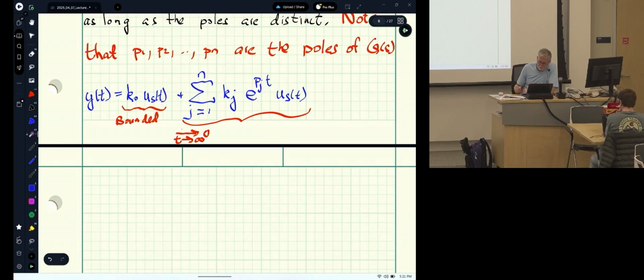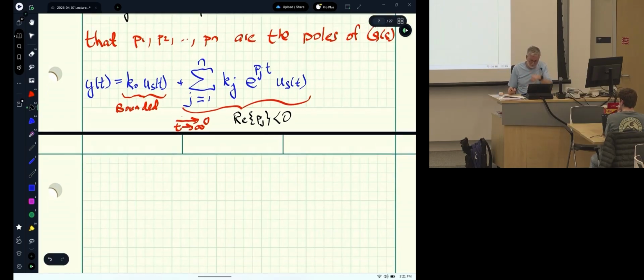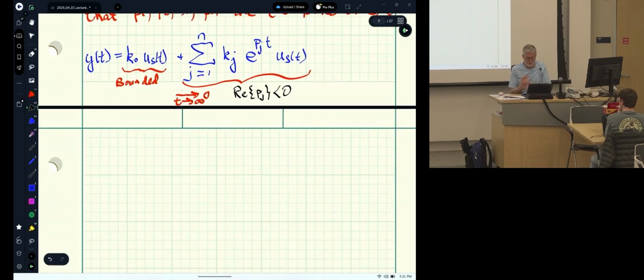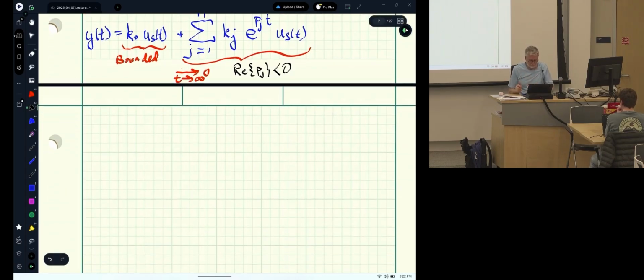We can have complex roots, in which case we need the real part. So the more general way to write that is the real part of pj is negative. And we'll take our break here pretty soon.